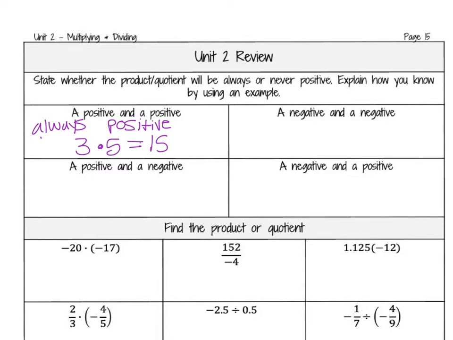So a negative and a negative, two negatives, those have the same sign, and it will always be positive, right? Same sign will be positive. So like negative 10 times negative 2 would be positive 20. Okay, so same signs, when we're multiplying or dividing, we'll have a positive answer.